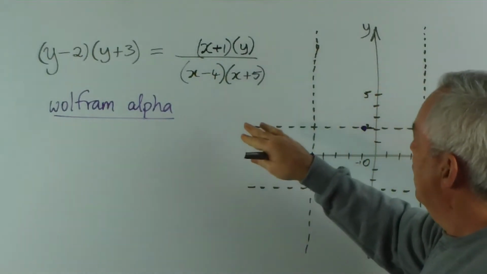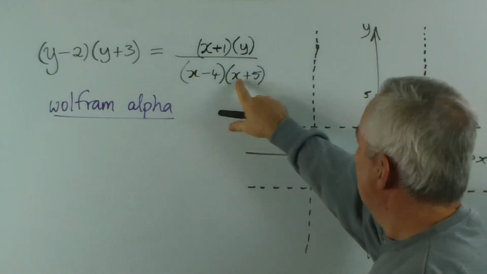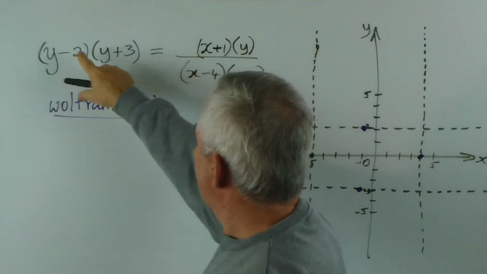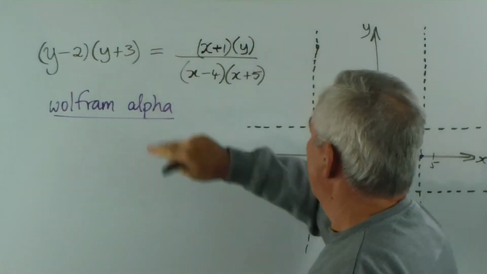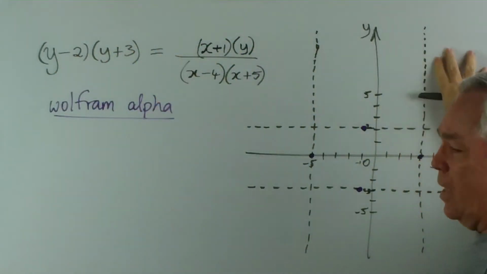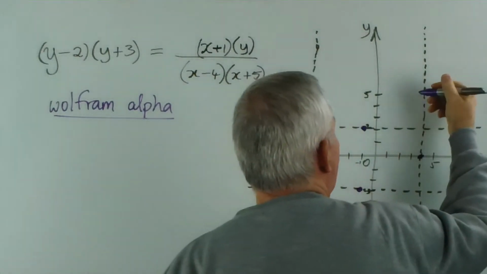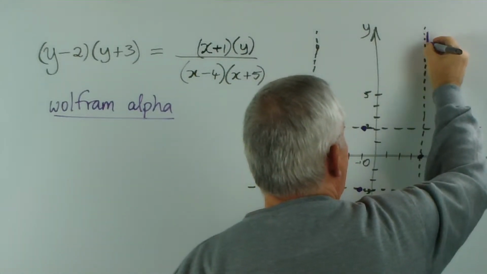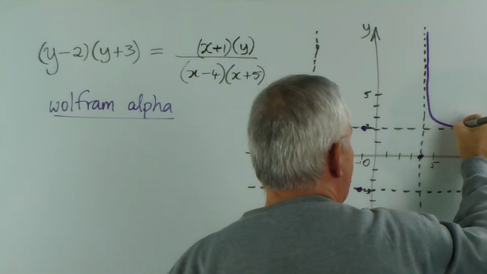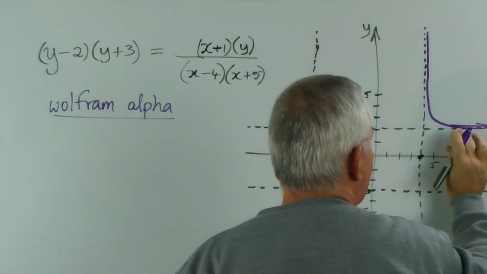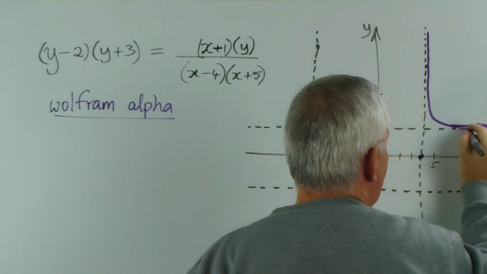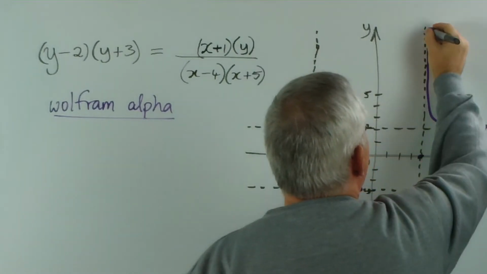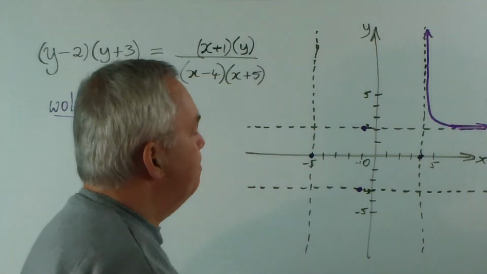Let's see what happens. Since we have positive coefficients for everything inside, and this is positive on the top, the graph is going to start in the top right hand corner. So just like a hyperbola, it will start up here. That's not meant to touch the asymptote, by the way. There we go.